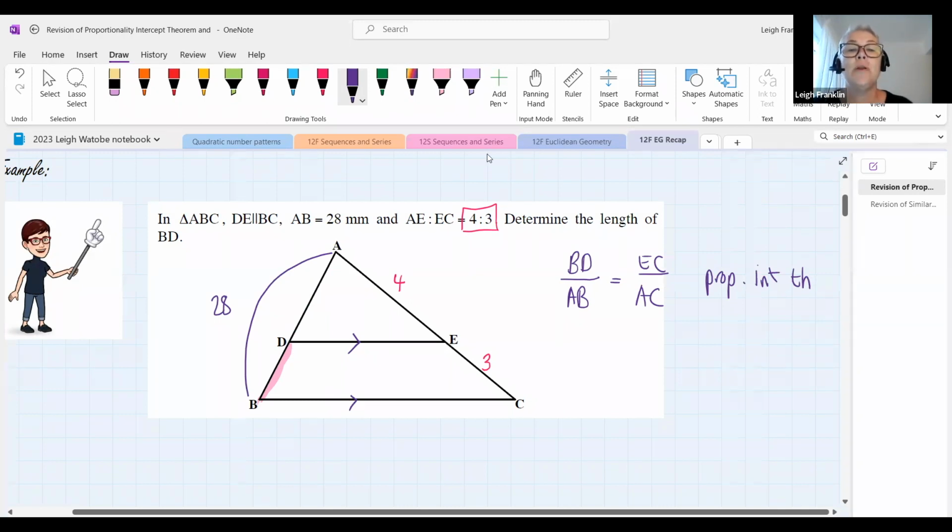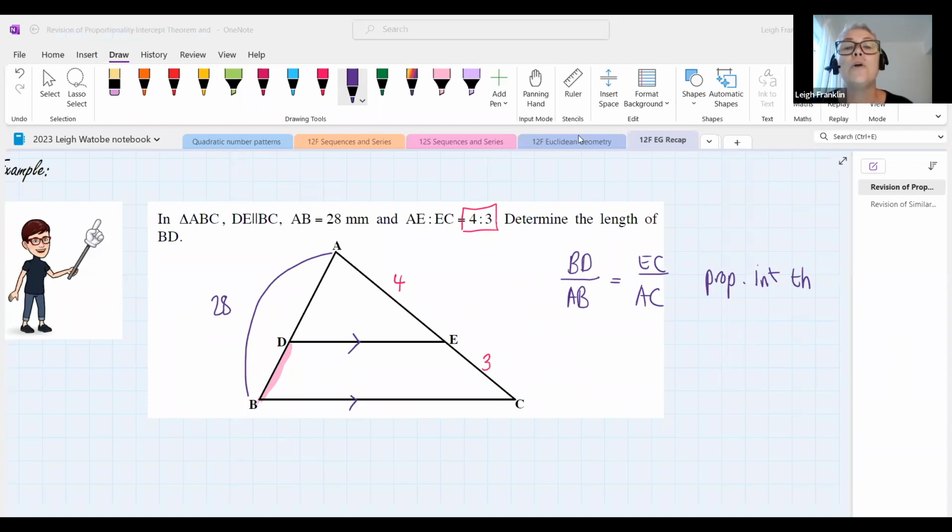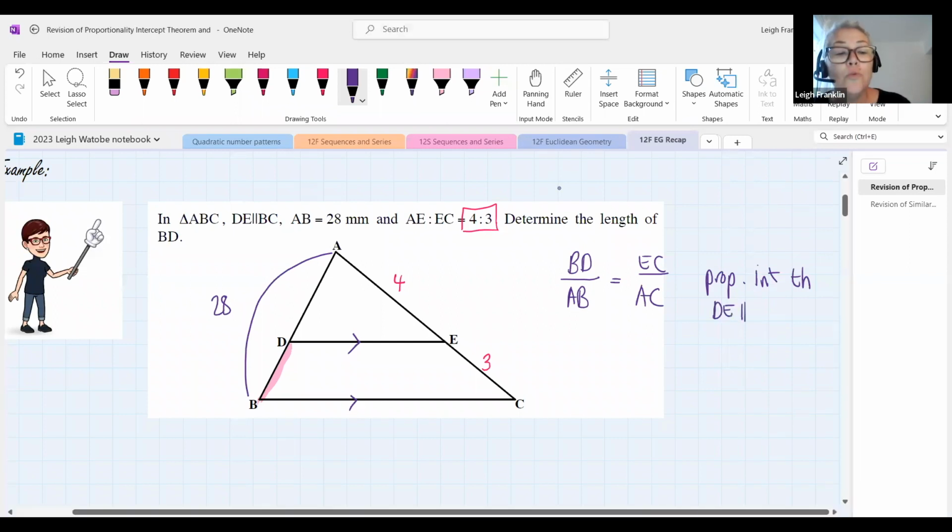Can anybody remember what I need to do before I move on and substitute? Mention the parallel lines. Absolutely. Very important, Matrix: you have to name the parallel lines. If you don't, you will not get a mark for the reason.